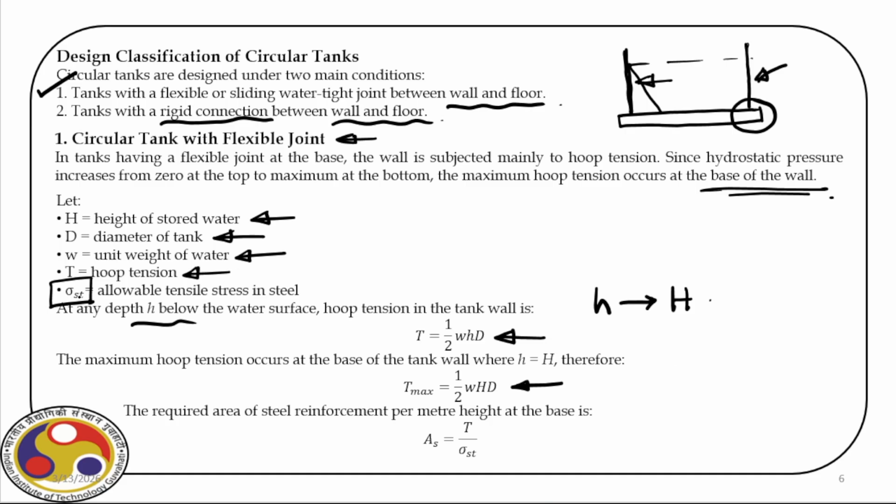Now, because we already fix the allowable stress, we can find out, using this expression, the area of steel, because the area of steel multiplied by the allowable tensile stress must balance this hoop tension. So we can find out the amount of steel required for this design.